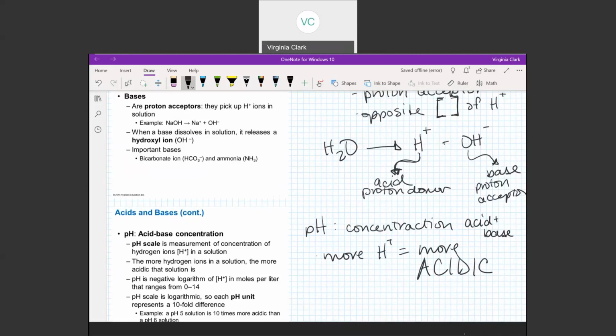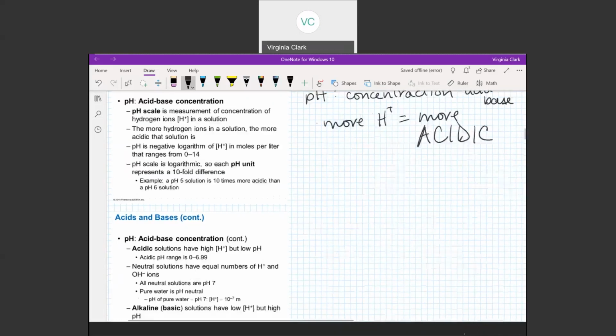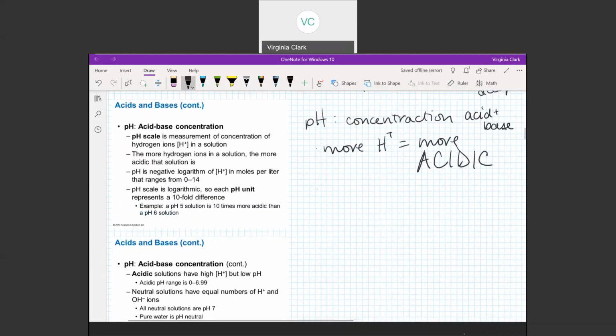So it's going to be a floating scale. The more hydrogen ions, the more acidic it is, whereas the more hydroxyl ions, so that's what these are, hydroxyl ions, the more basic it's going to be. So more acidic is related to hydrogen ions, basic is related to hydroxyl ions.